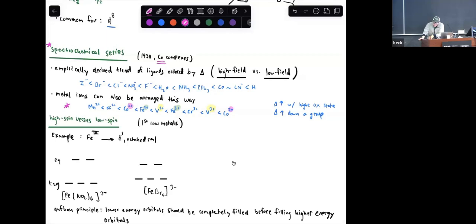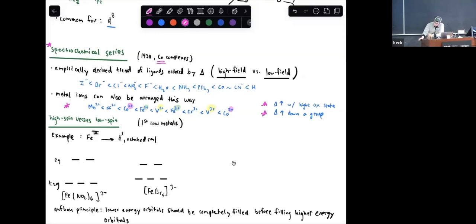yourself. Later transition metals, those that are farther right on the periodic table, in general, have higher splitting energy. So higher oxidation state, and then the other trend is that when you go down a group, there's higher splitting energy.